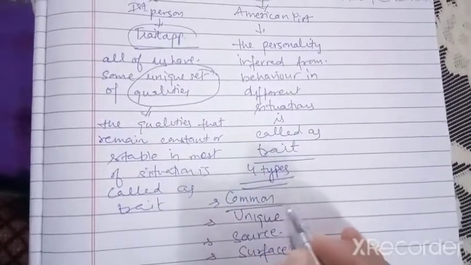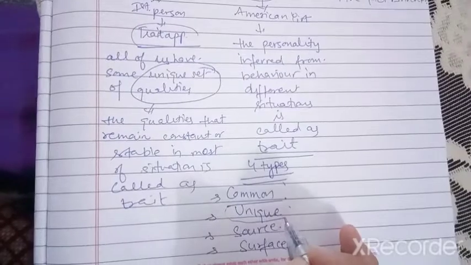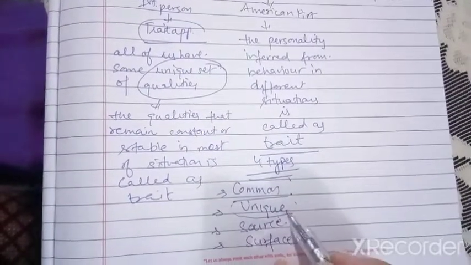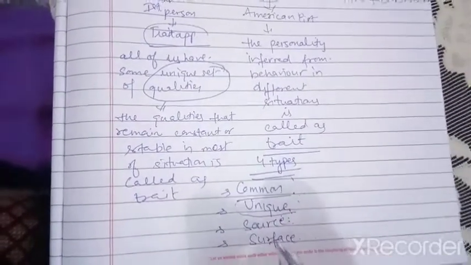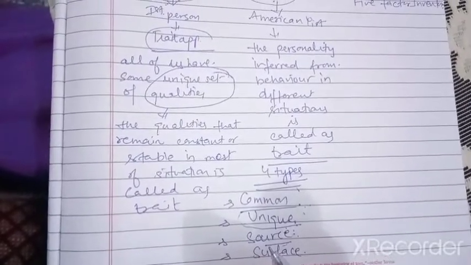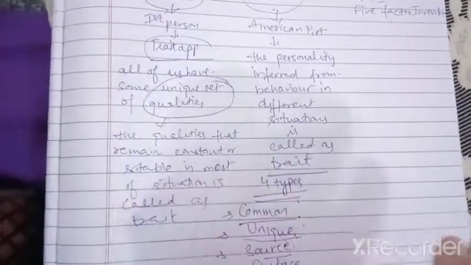Common traits means the qualities which are common in everyone. Unique traits means the qualities that show uniqueness, on the basis of which we can differentiate one person from another. Source traits we cannot find out superficially.